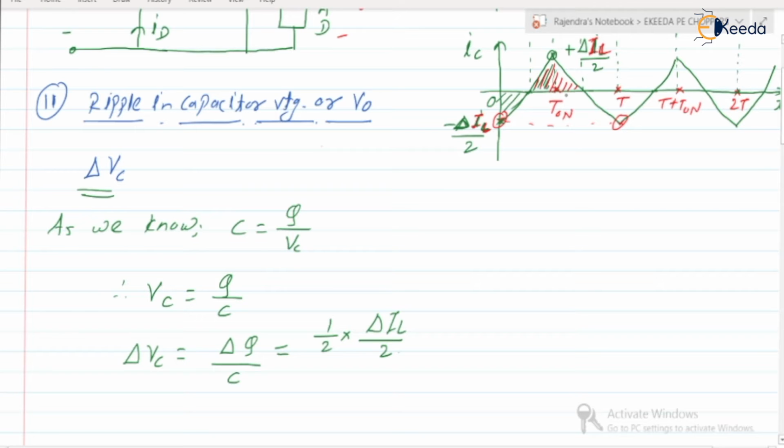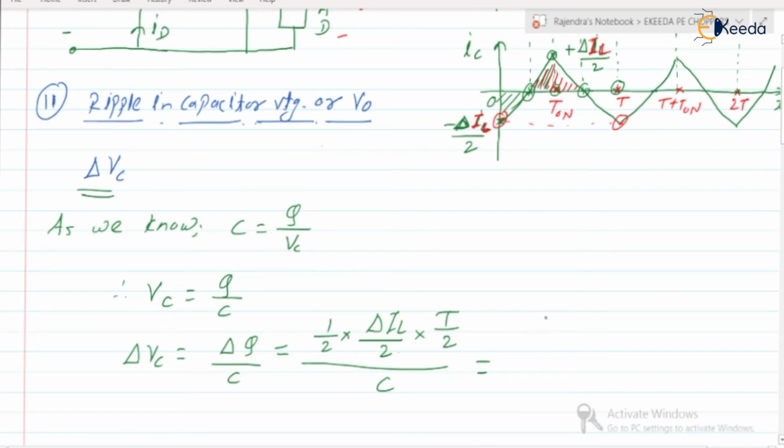What about this side? From here to here it indicates the T on, which is approximately T by 2. So into T by 2, divided by C, as it is divided by C.